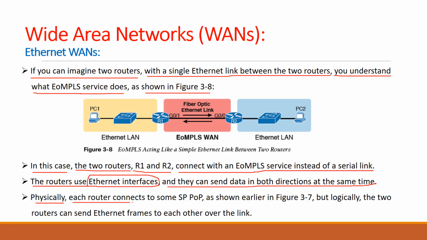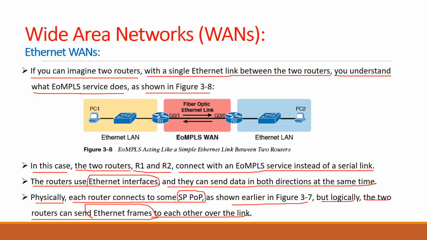Physically, each router connects to some service provider point of presence, as shown in the previous figure, but logically, the two routers can send Ethernet frames to each other over the link, not HDLC frames like in leased lines.